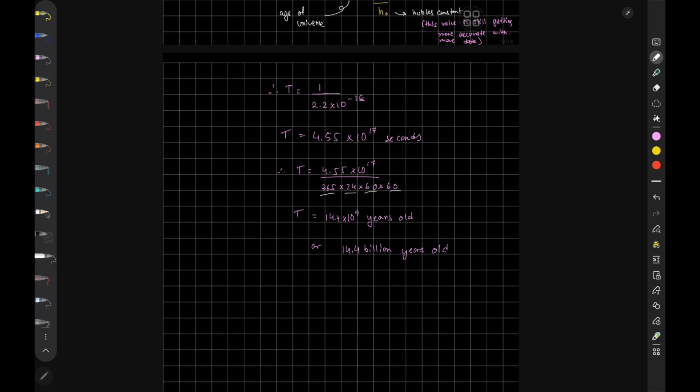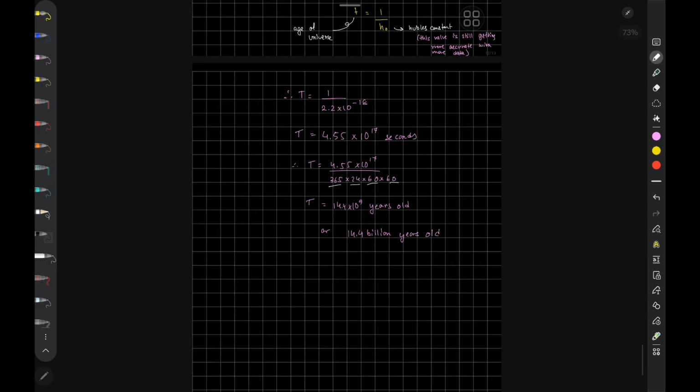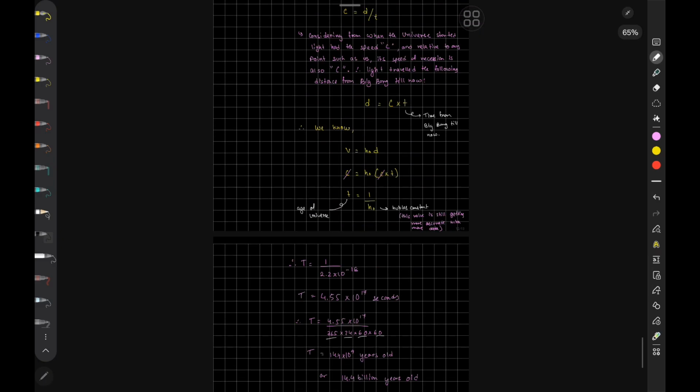So it is 14.4 × 10^9 years old, or 14.4 billion years old. It can be, I don't know, 14.6, I guess, somewhere it's quoted. But anyways, as the Hubble's constant changes, H naught changes, your age of the universe also changes. That's why you see the age of the universe with different values everywhere.